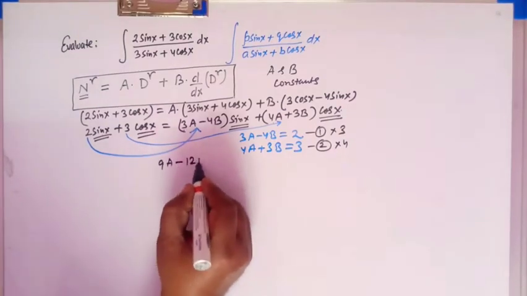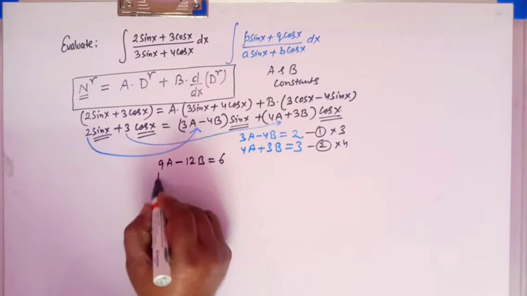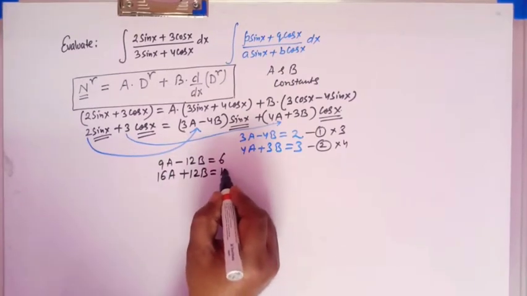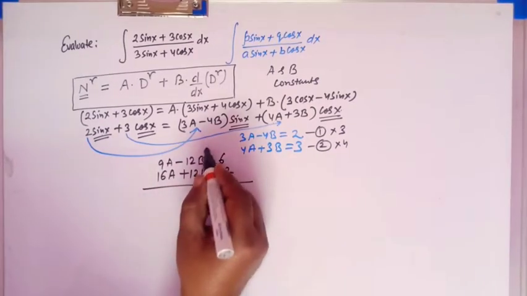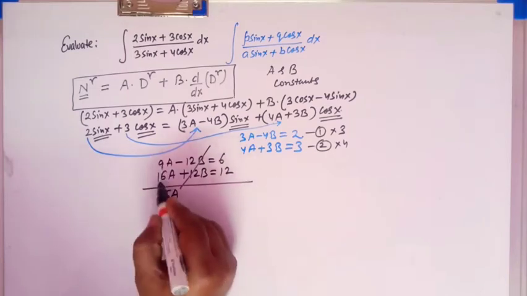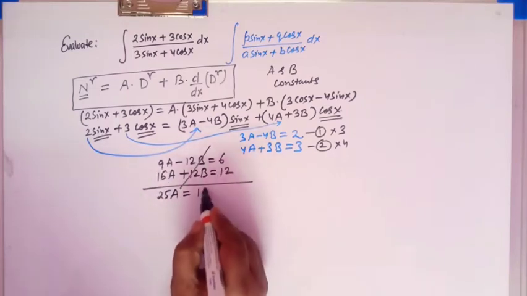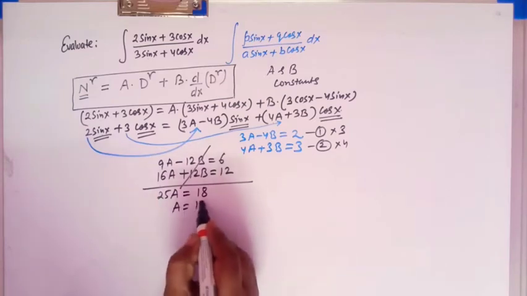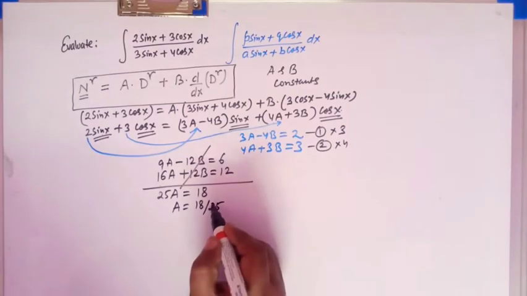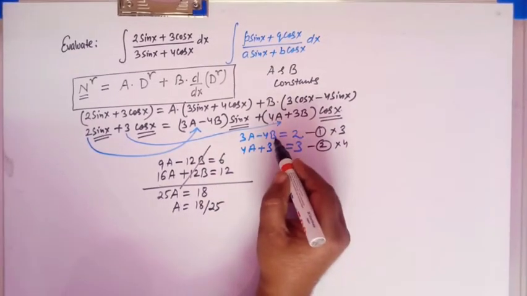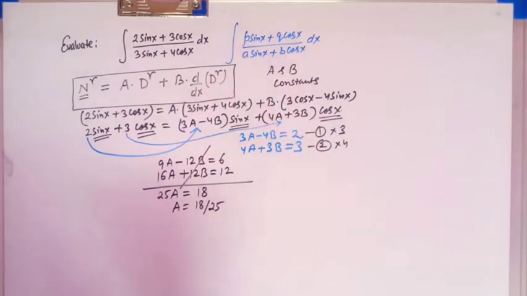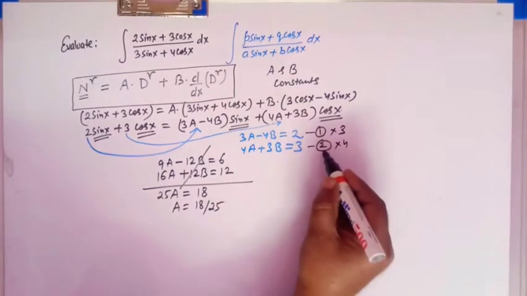9a minus 12b equal to 6 and 16a plus 12b equal to 12. If we add, these two terms get cancelled, and we have 25a, 9 plus 16, equal to 18, so a is 18 over 25. Now to find the value of b, we can substitute the value of a in either equation 1 or equation 2. We'll take equation 2.